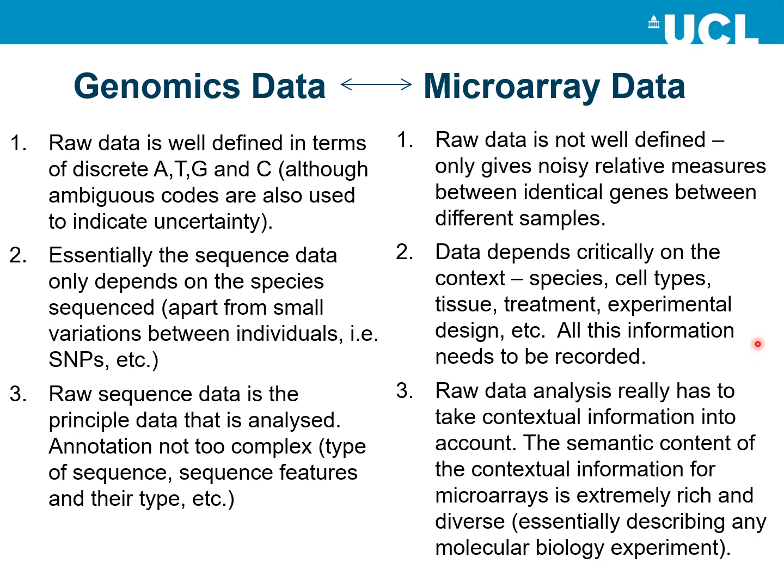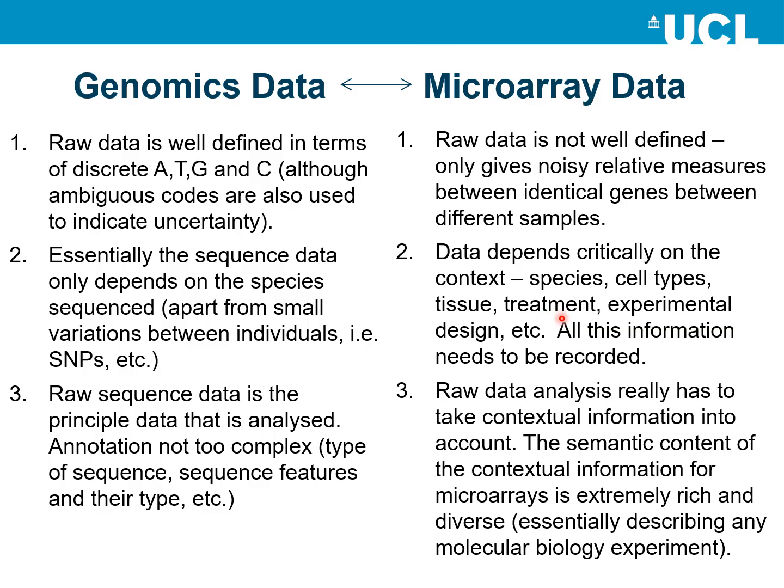But in terms of microarray data, really the data depends critically on all aspects of the context of the experimental conditions. So not only the species of the tissue which is being microarrayed, but the cell types within the tissue, the actual type of tissue. Is it muscle? Is it liver? Is it brain?